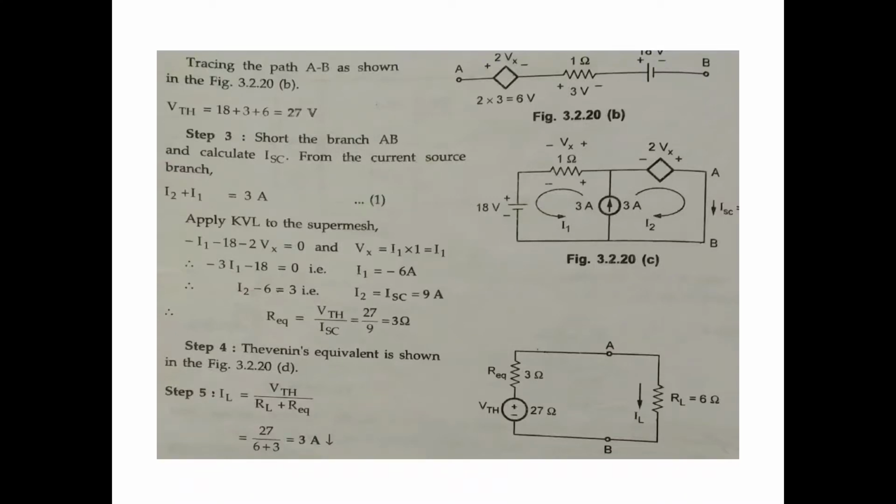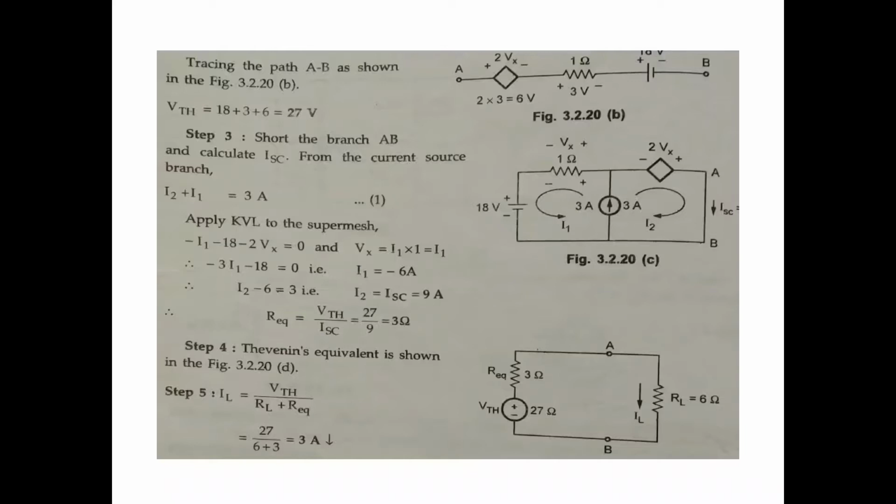This is equation number 1. Next, apply KVL to the supermesh: plus 2 minus I1, plus 2 minus 18, next 2Vx equal to 0. What is Vx? I1 into 1, this is I1.